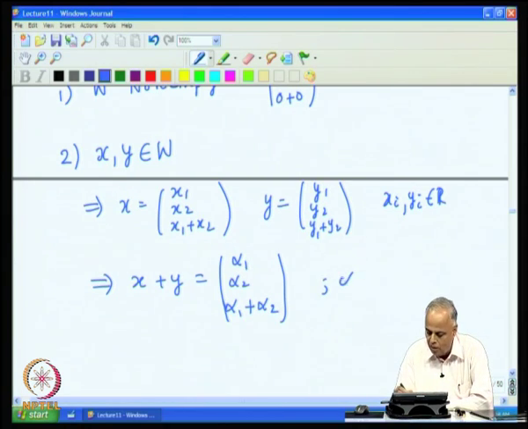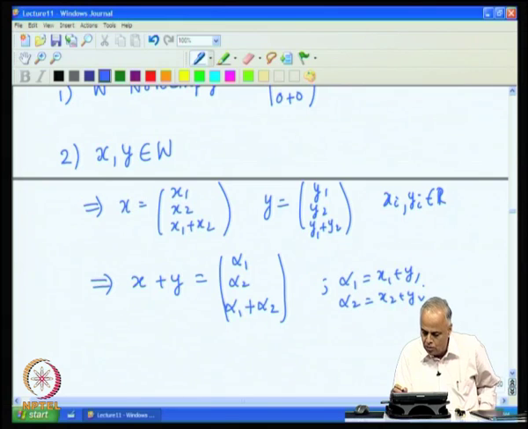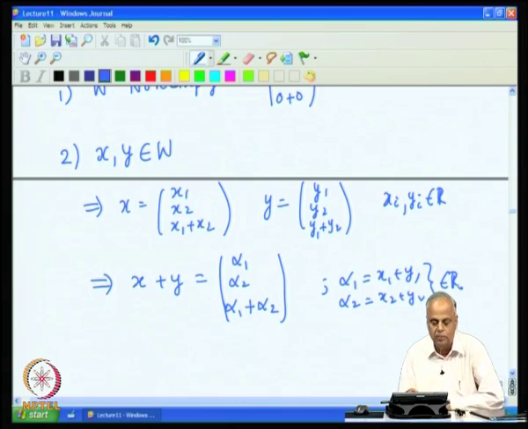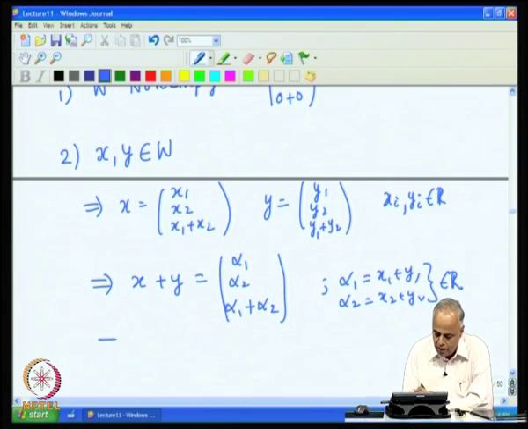Since x1, x2, y1, y2 are real numbers, alpha 1 and alpha 2 are real numbers, and again the third is the sum of the first two. So x plus y belongs to W.